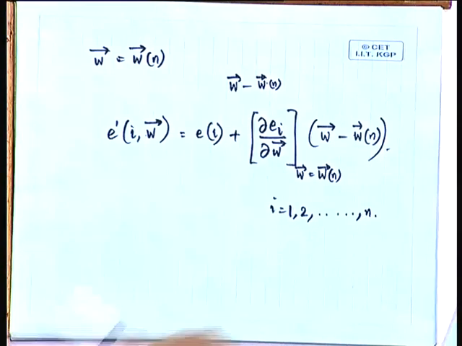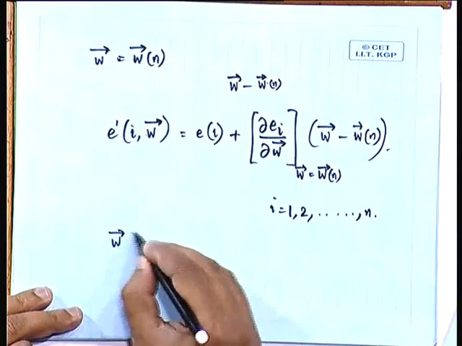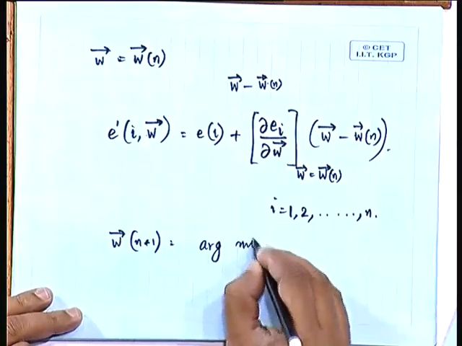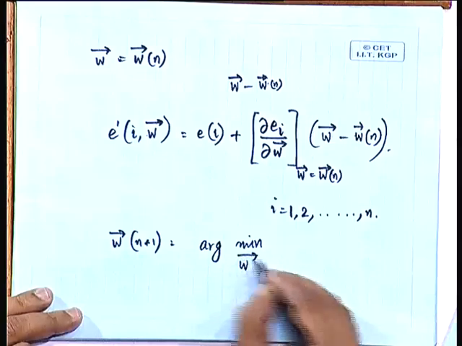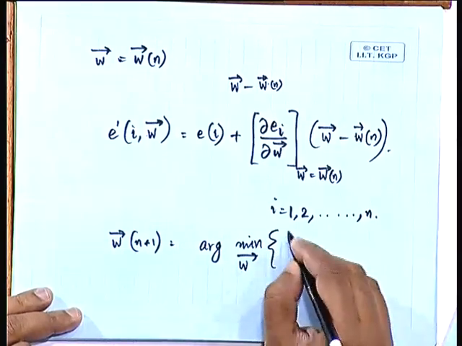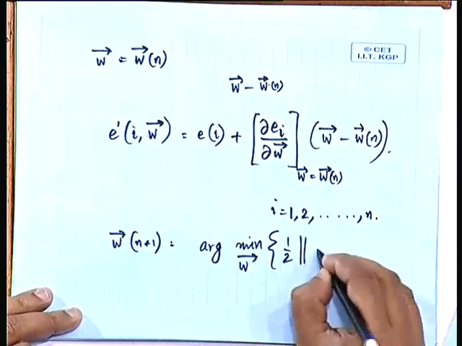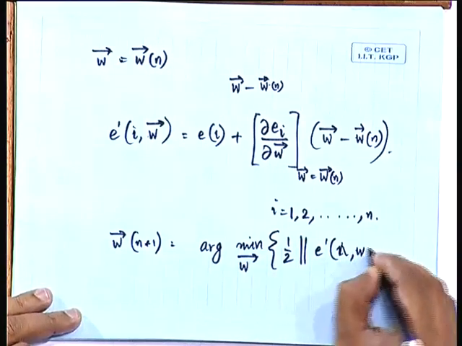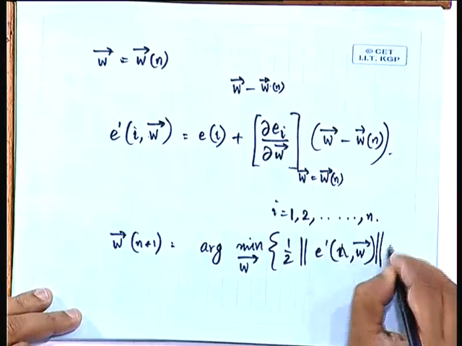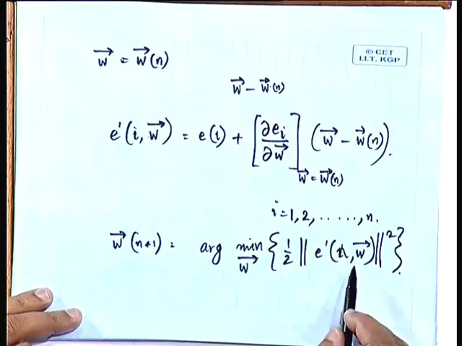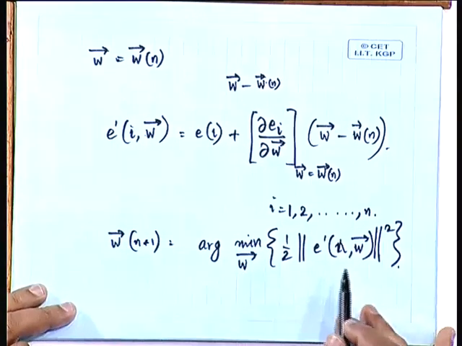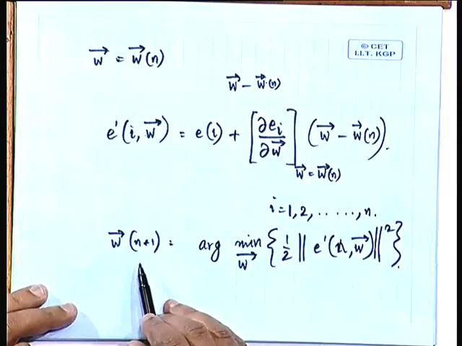So, this is the updated error expression, and then for the n plus 1th weight we must find the minimum value of this expression, half of the norm of E prime n W vector squared, and the W vector corresponding to which it gives the minimum, that W vector we are choosing as the updated weight.